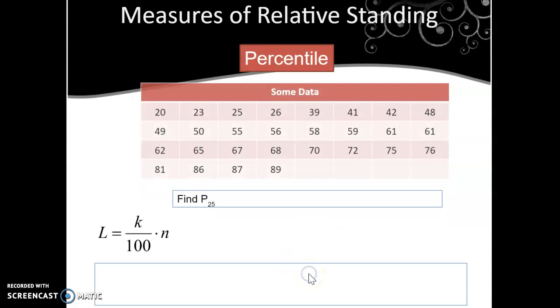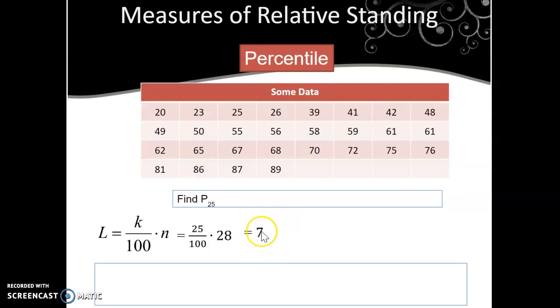Let's try another one. Let's find P25, the 25th percentile. Remember, the 25 is our K. So K divided by 100, or 25 divided by 100, and N is the total number of data points. And 25 divided by 100 times 28 is 7. Something interesting happens when you actually get a whole number here.